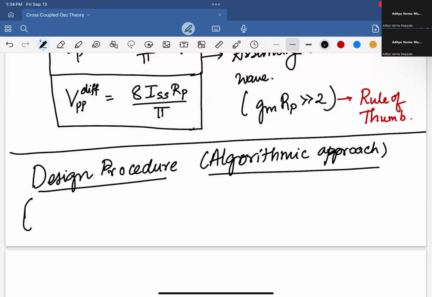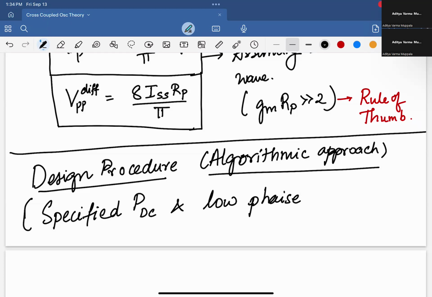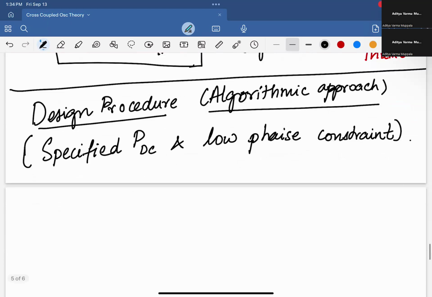Let me say that this is based on a specified DC power consumption and low phase noise constraints. Whenever you want to design something, of course, you have to set some kind of goal, right? So we specify what the power dissipation is approximately, how much power we want to burn, and we want to minimize the phase noise for that given power budget, right? That's the kind of design philosophy we're going to go with in this video, at least.